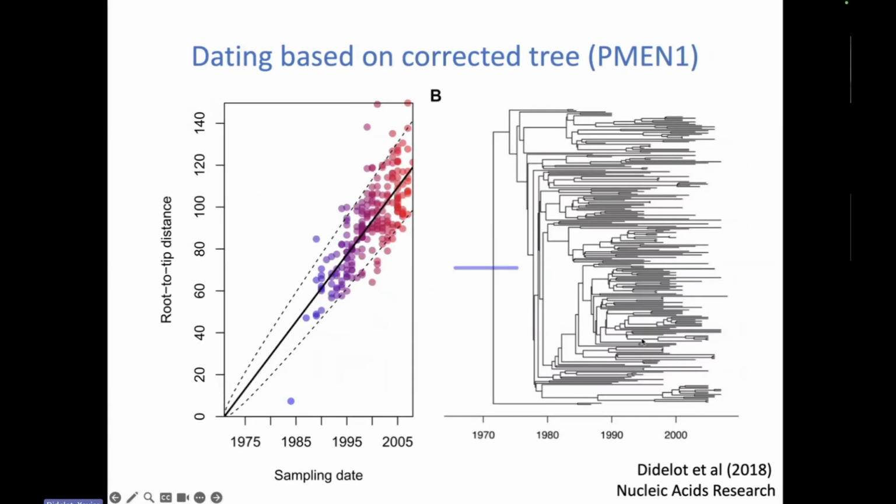Contrast that with what happens when we pass on a tree built with ClonalFrameML, then the temporal signal looks really much better, with a very clear correlation between the dates of the samples and their root to tip distances. And we have a very tight estimate for when PMEN1 emerged around 1970, which we know correlates with what we know about PMEN1 and the fact that it became successful due to antibiotic use.